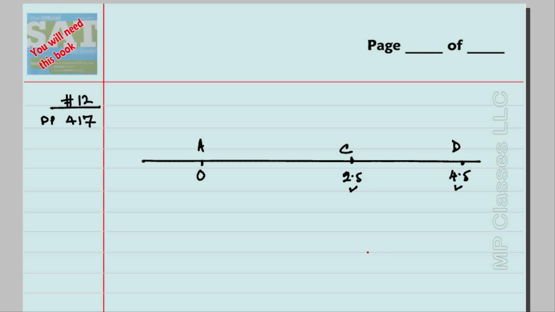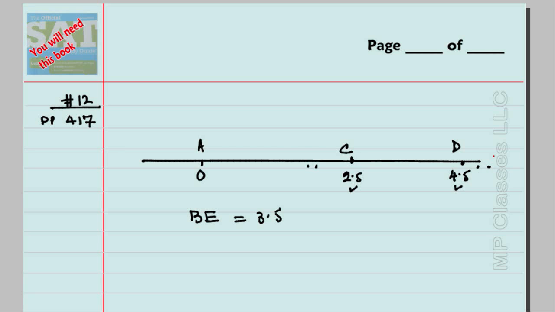Now we go back to the sentence that we kept hanging without any interpretation, and that was BE is 3.5. Now my B could be here, it could be here, and then E could be here or here.